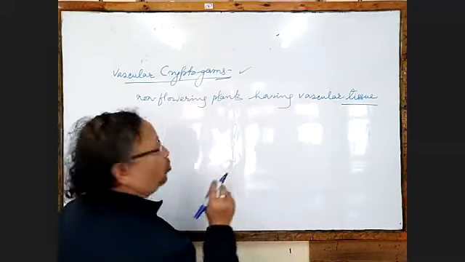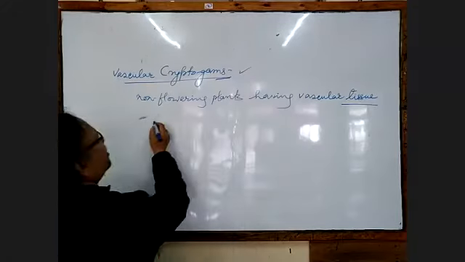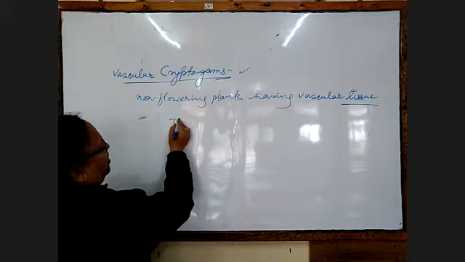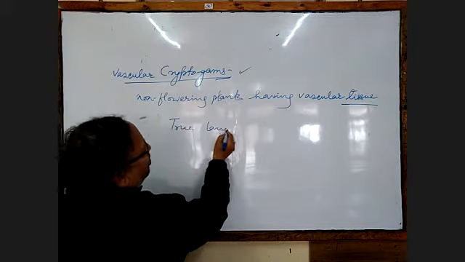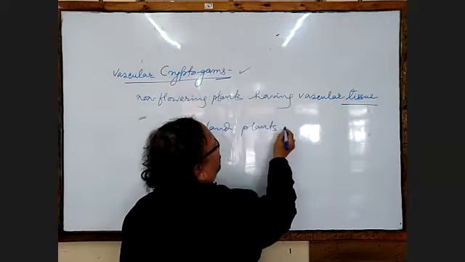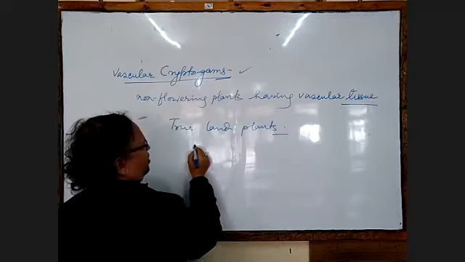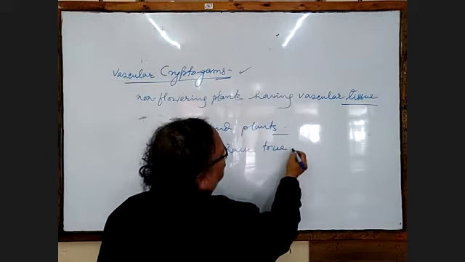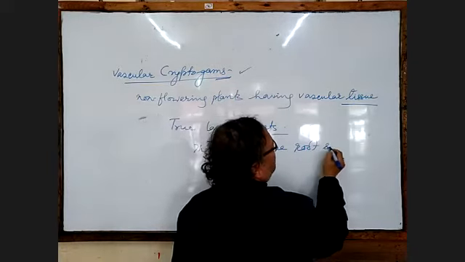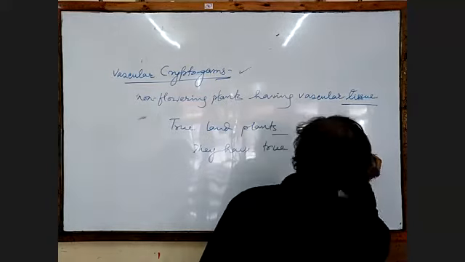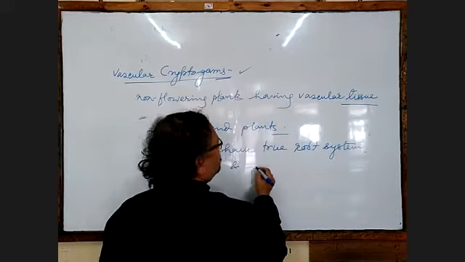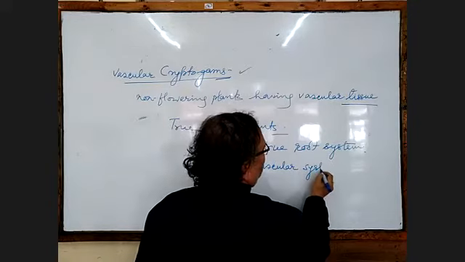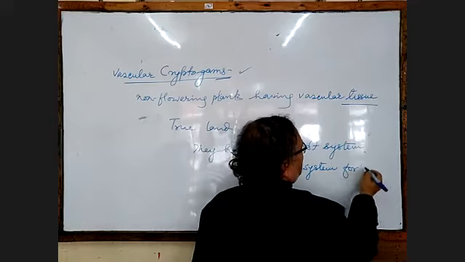They are true land plants. Why? Because they have a true root system and conducting tissue, a vascular system, for conduction.